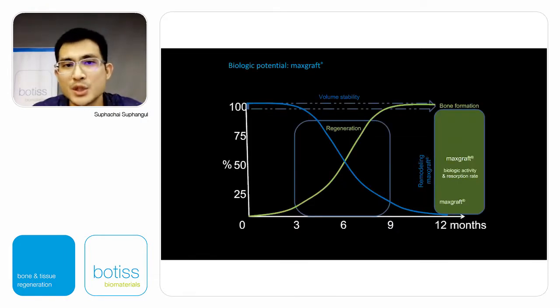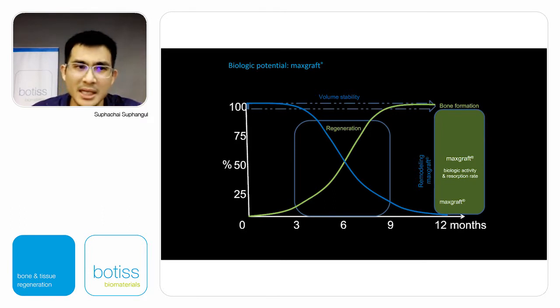This graph shows the property of the MAC graft. See the first period, it keeps the volume stability and then drops down in the regeneration period, and they get the new bone formation.